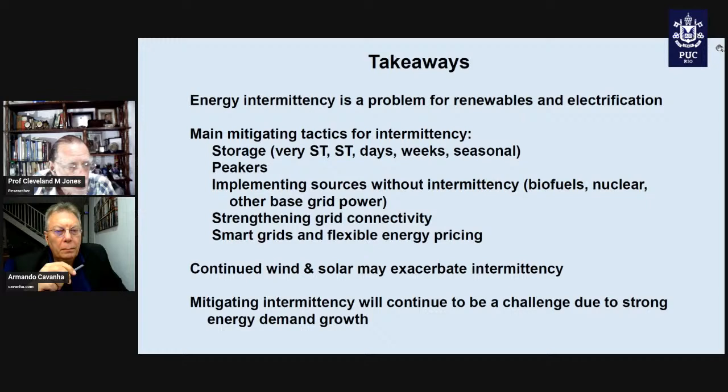And we can see this is going to continue with the fast pace of wind and solar installations. This intermittency problem is just going to get bigger, even though we're coming up with new solutions. Mitigating intermittency will continue to be a challenge because we are adding to the energy demand.